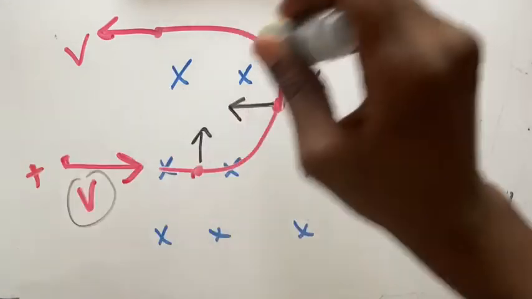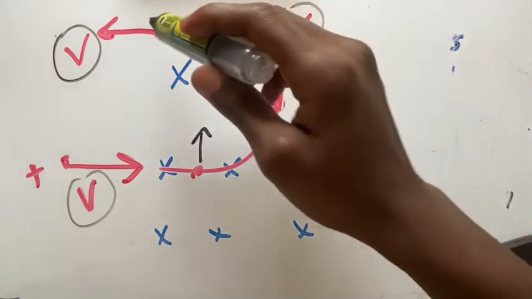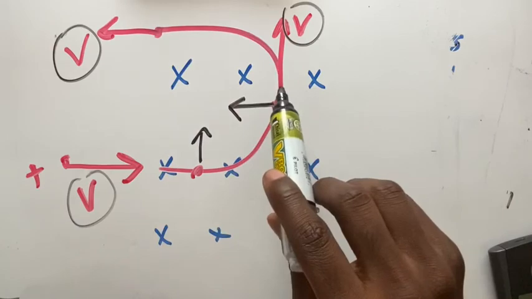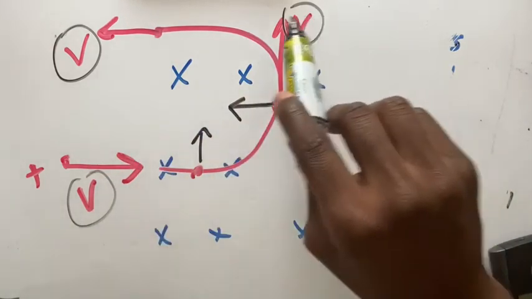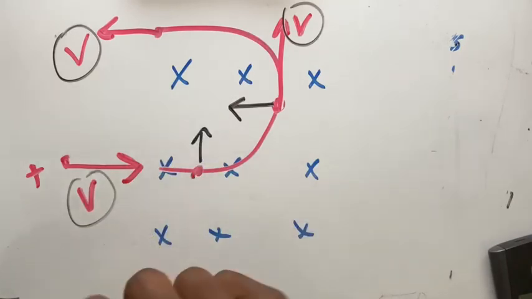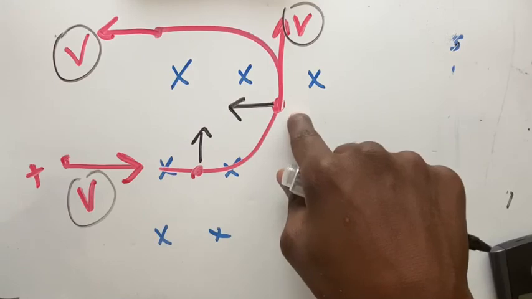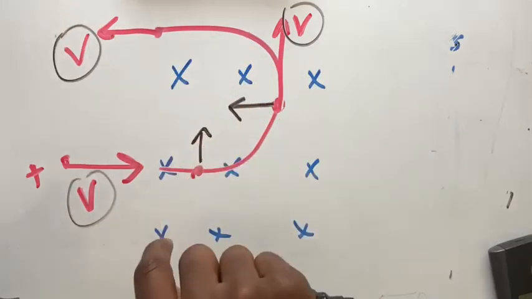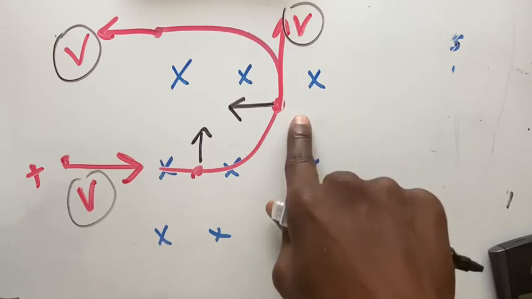So notice the velocity is different because it's pointing in different directions. Remember, velocity is speed and direction, but the speed is the same. So it has the same, let's say 30 miles per hour here, same 30 miles per hour here, same 30 miles per hour here. The velocity is different because this is 30 miles per hour towards the east. This is 30 miles per hour towards the north.